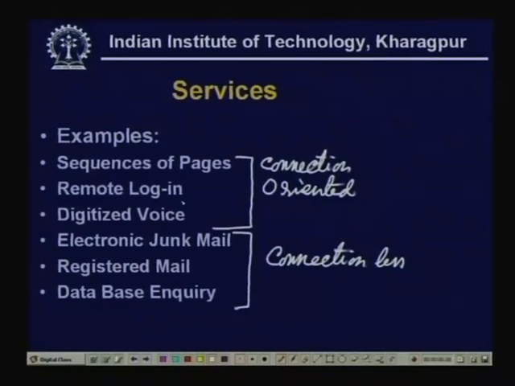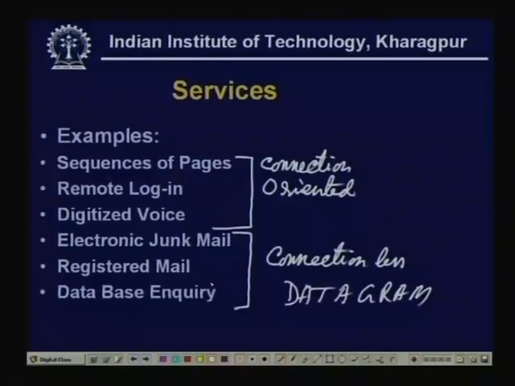Electronic junk mail uses unreliable datagram service, that is connectionless. Another name for connectionless is datagram service. Then registered mail is essentially acknowledged datagram service, as I explained earlier in detail. A database query is essentially a request reply service. So, we have some examples of services provided in data communication systems.